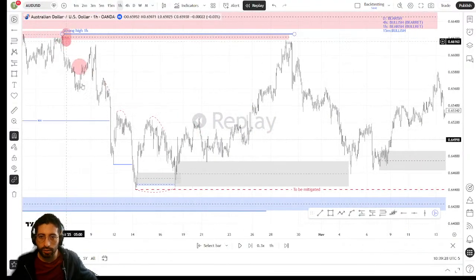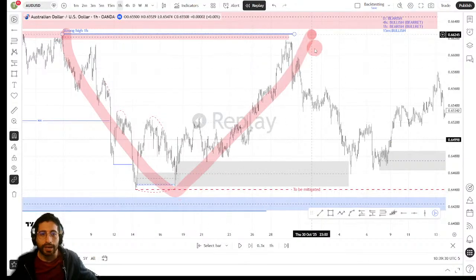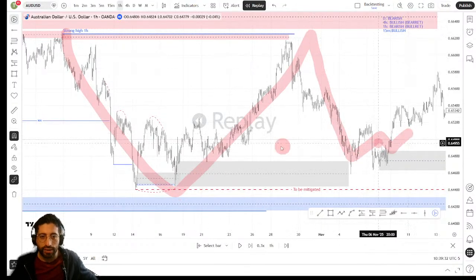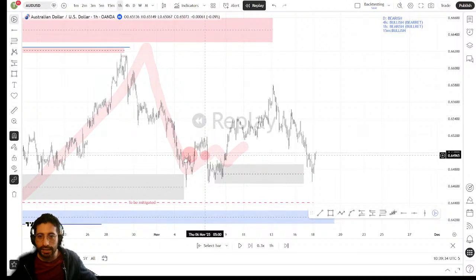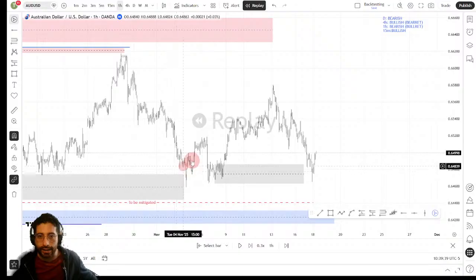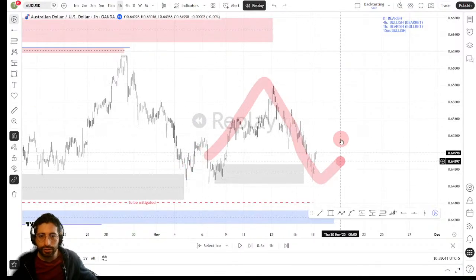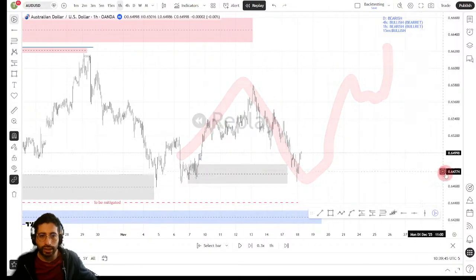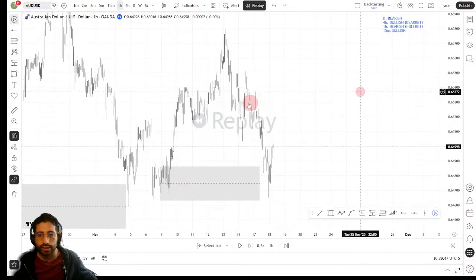So it was here, it entered here, but it wasn't strong enough, so it kept reacting on these 4-hour order blocks, the ones we marked with gray, and then it's trying to make a kind of retracement, but we are not so sure if this is gonna make it or if this is actually gonna do something, right?